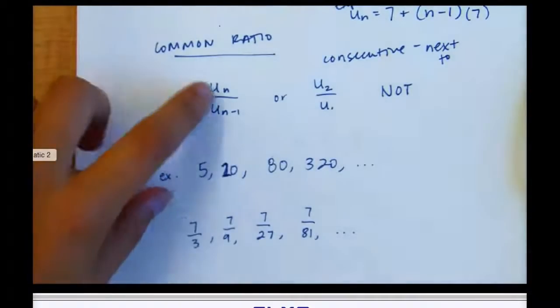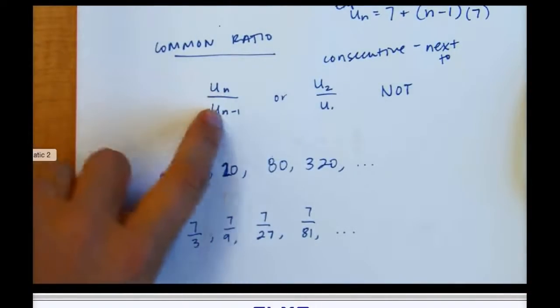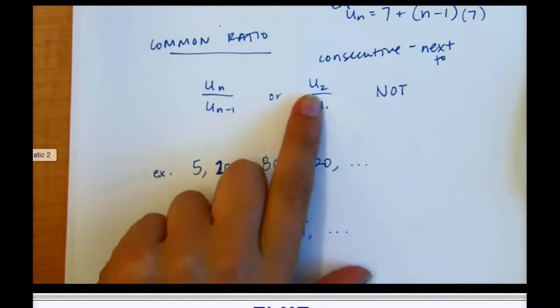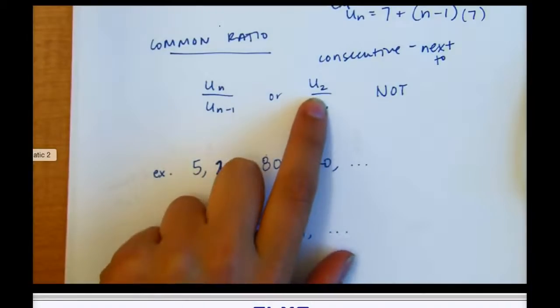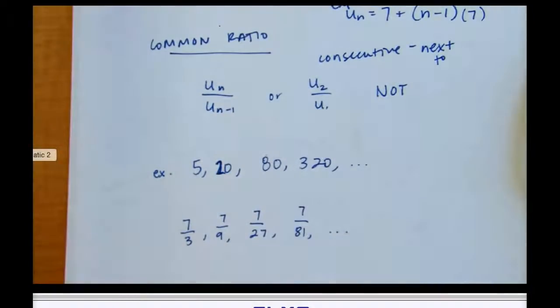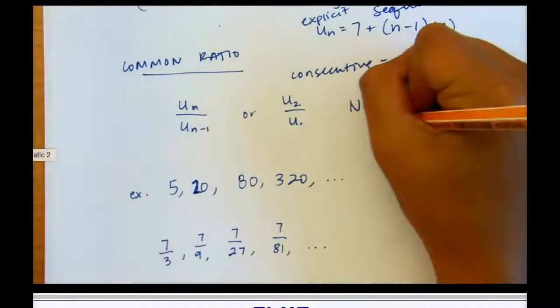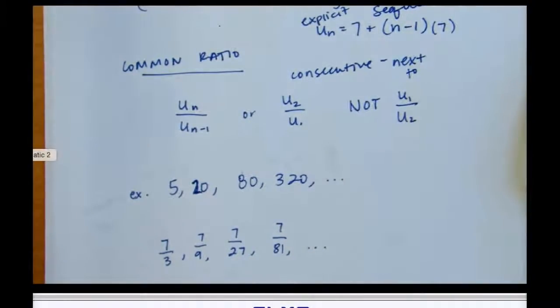So for example, u sub n over u sub n minus 1, or I could do u sub 2 over u sub 1, where 2 comes after 1. What you don't want to do is u sub 1 over u sub 2. That won't work. That'll give you a different common ratio. We'll talk about what to do a little bit later when you don't have consecutive terms, but you just have two kind of random terms and you need to find the common ratio.